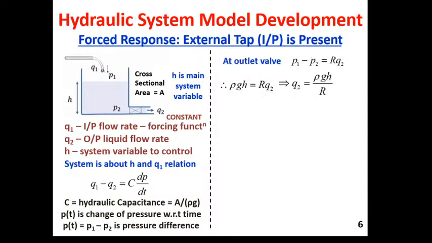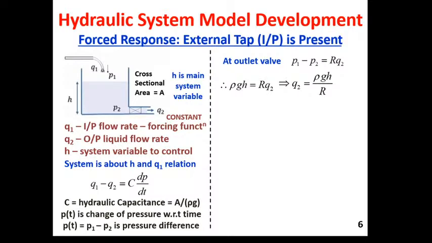At the outlet valve, P1 minus P2 is equal to R into Q2. Yesterday also we saw that R is nothing but the hydraulic resistance of the system. If there is no resistance, P1 will be equal to P2, and if P2 is equal to 0, P1 will be equal to R Q2. The more the difference between P1 and P2, like potential in an electrical circuit, the more the output flow rate, which is equivalent to current multiplied by resistance.